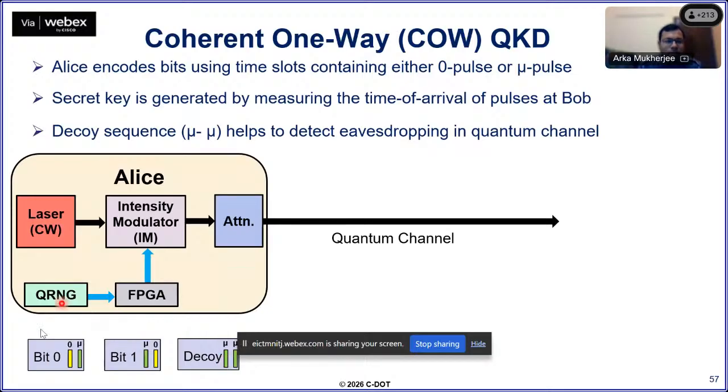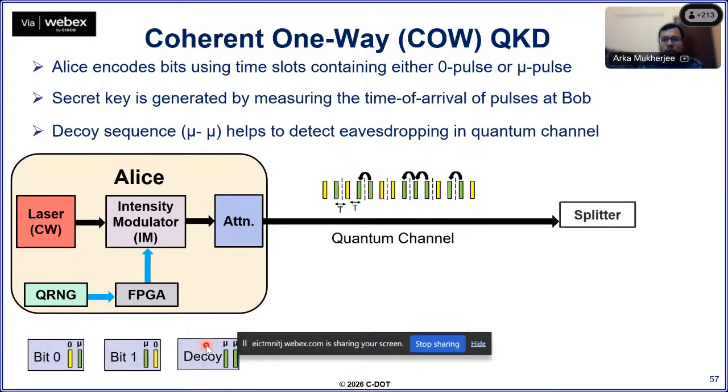Now these states are prepared randomly, because the quantum random number source will prepare some random bit pattern, zeros and ones. Based on that sequence, we will prepare a random sequence of these pulses. So here you can see that this is one pulse, and this dotted line is the time interval boundary.